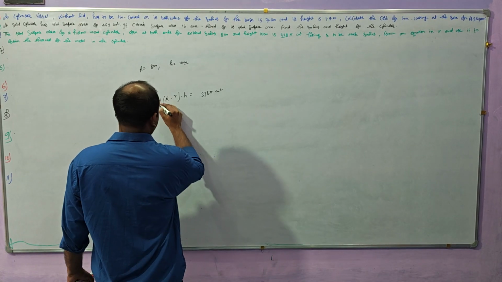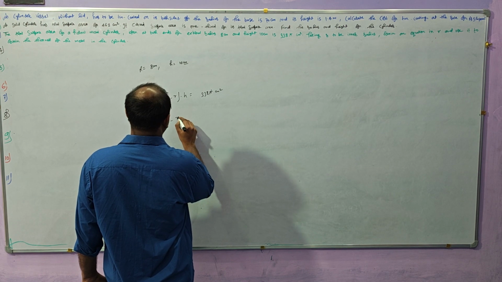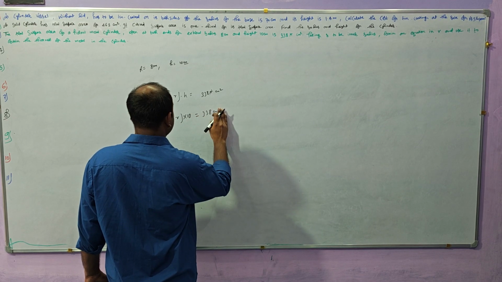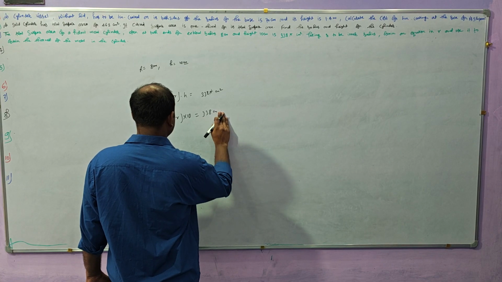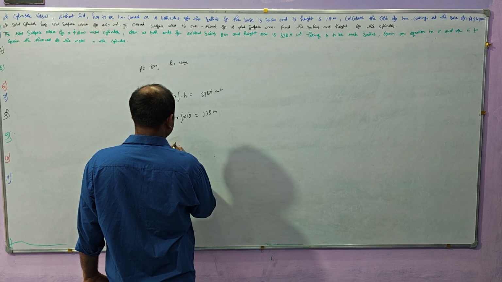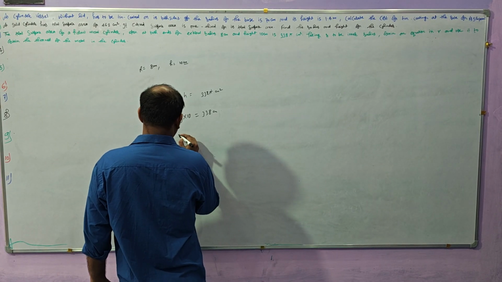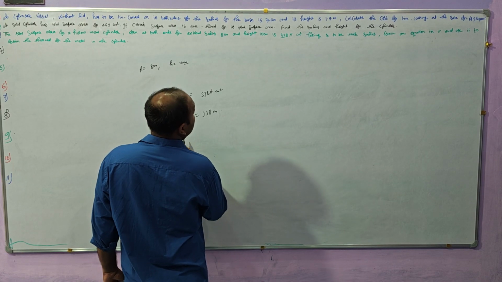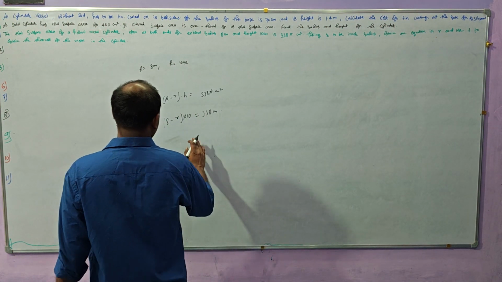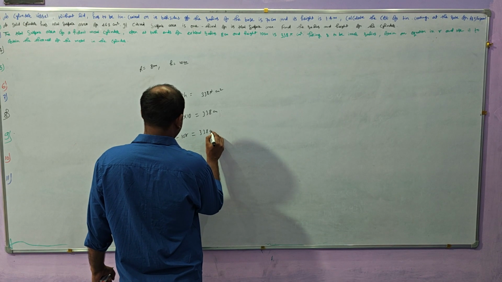So pi cancel, we get (8 minus r) into 10, 338 centimeter square. That becomes, when we have a radius 8 centimeter, r is equal to... R becomes 80 minus 10r is 380 centimeter.